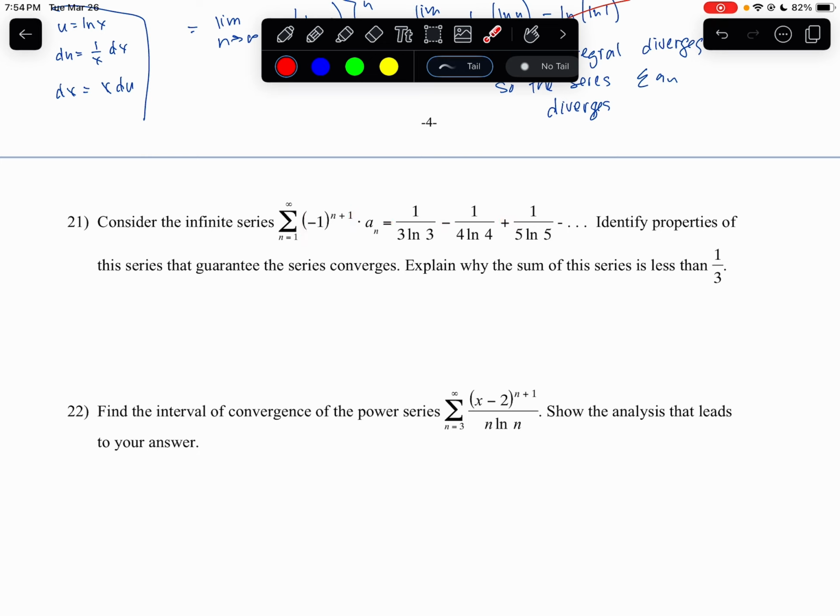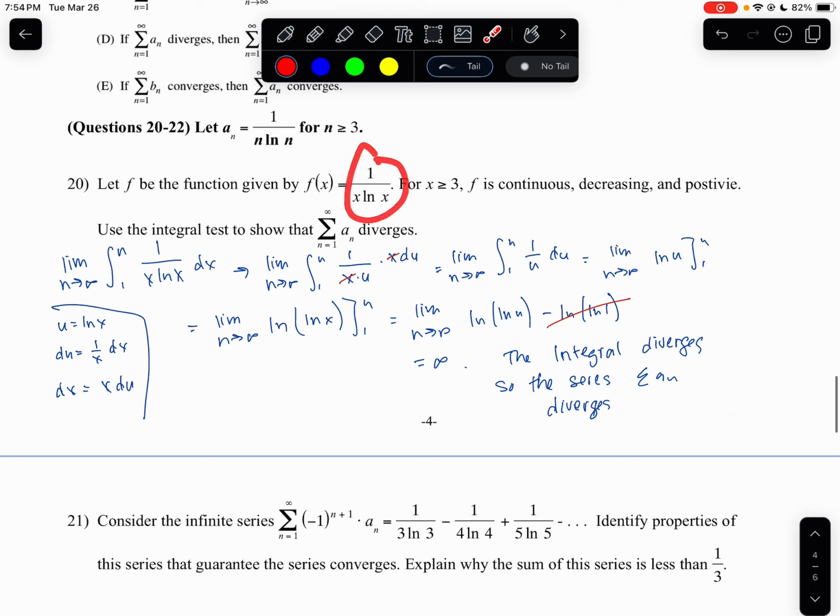Since it's an alternating series, let's use the alternating series test. So the terms decrease in absolute value, right? The terms keep getting smaller. And the limit as n approaches infinity of 1 over n natural log of n is equal to 0.